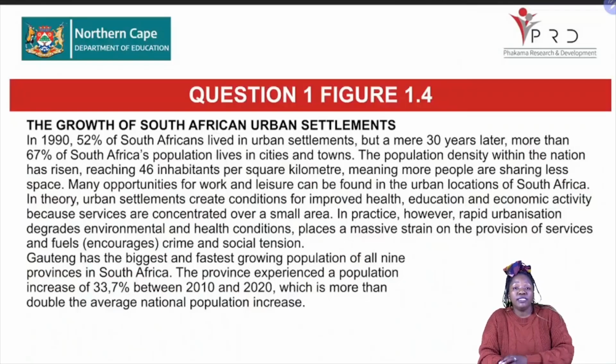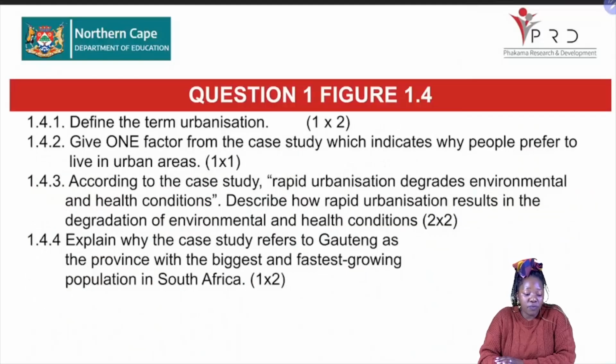With the hope that we are all done. So let us look at our questions. The infographic is based on urbanization. So your first question will be to define the term urbanization. Remember, all the definitions are worth 2 marks.